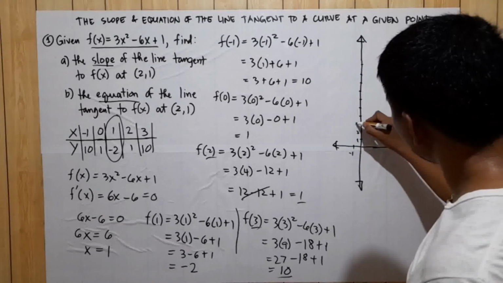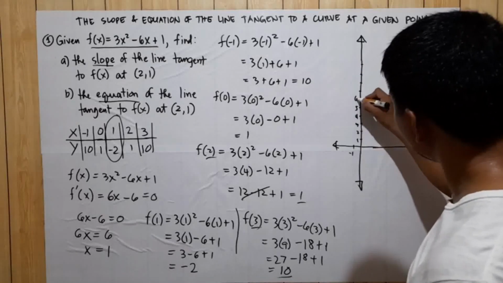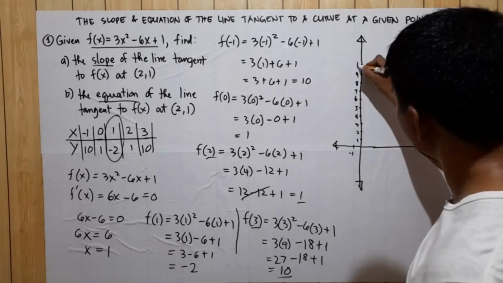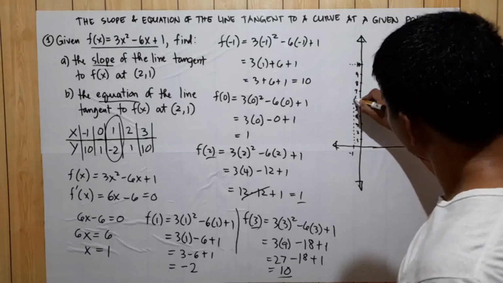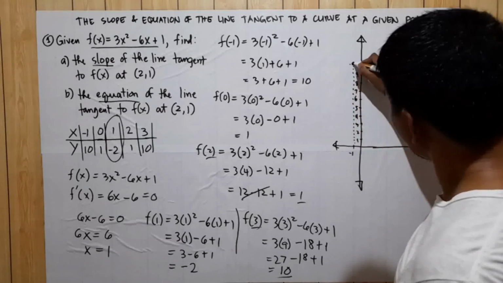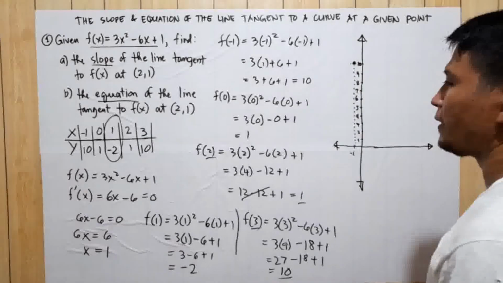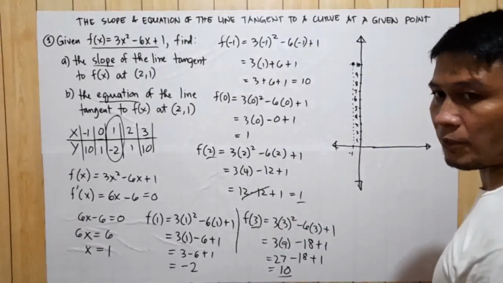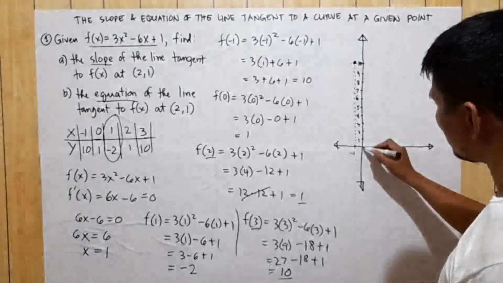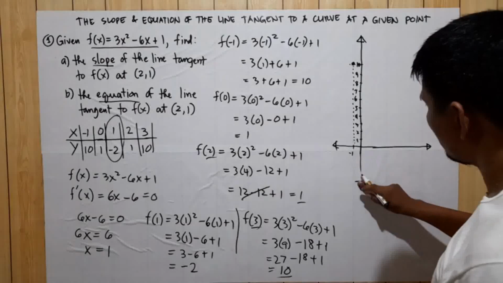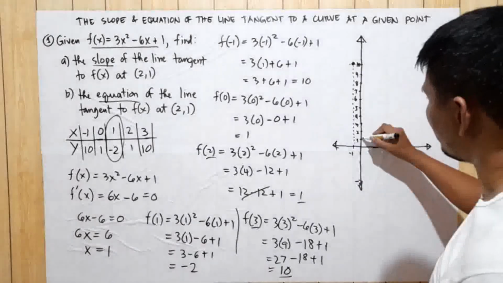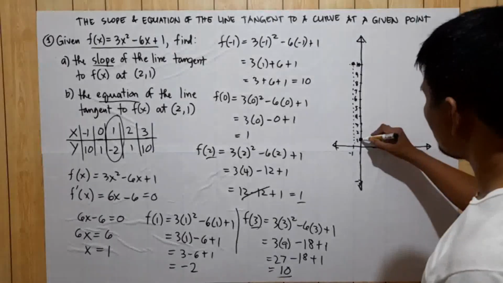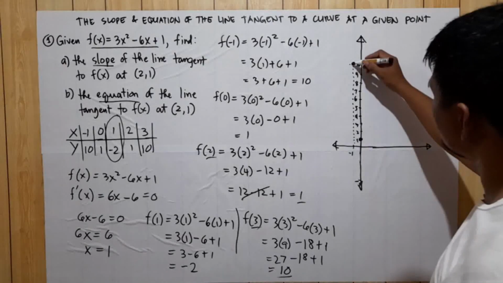So, approximately, dyan po yung first point natin. Tapos, meron po tayong 0 at 1. Okay, so yun po yung pangalawang point natin.